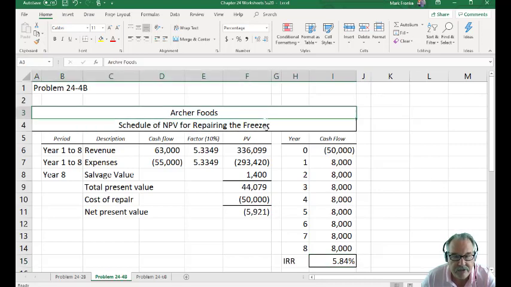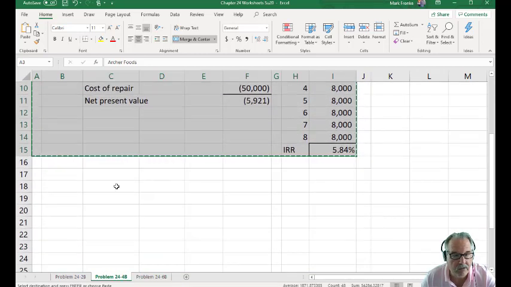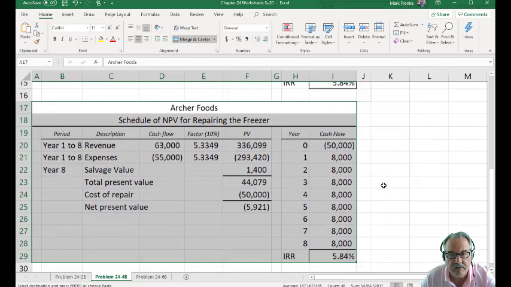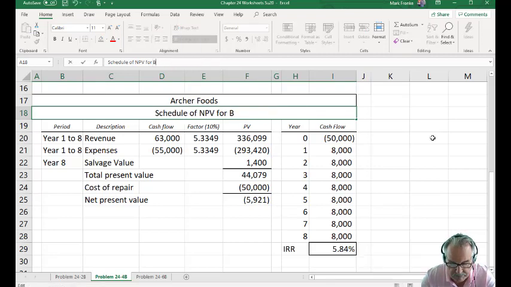Now, I'm going to just copy this whole section and paste it down below, and then modify it for buying a new freezer. So instead of repairing, we're going to be buying a new freezer.